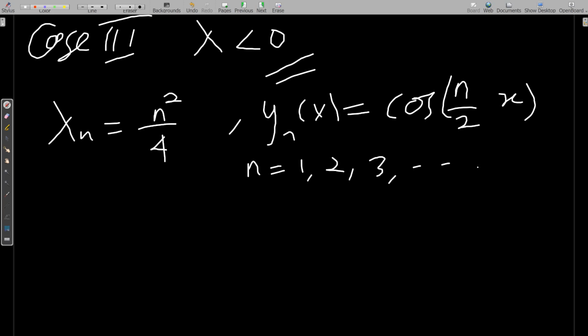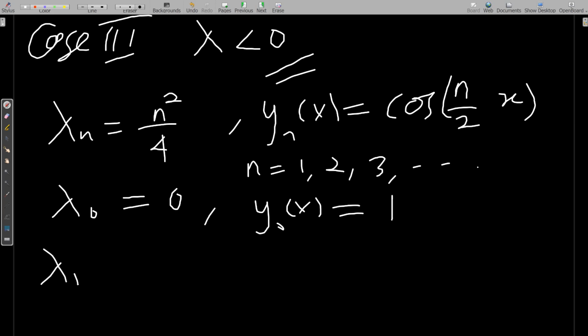And with another eigenvalue lambda naught, which is equal to 0, with an eigenfunction y naught of x being equal to 1. But you can merge these two as well.